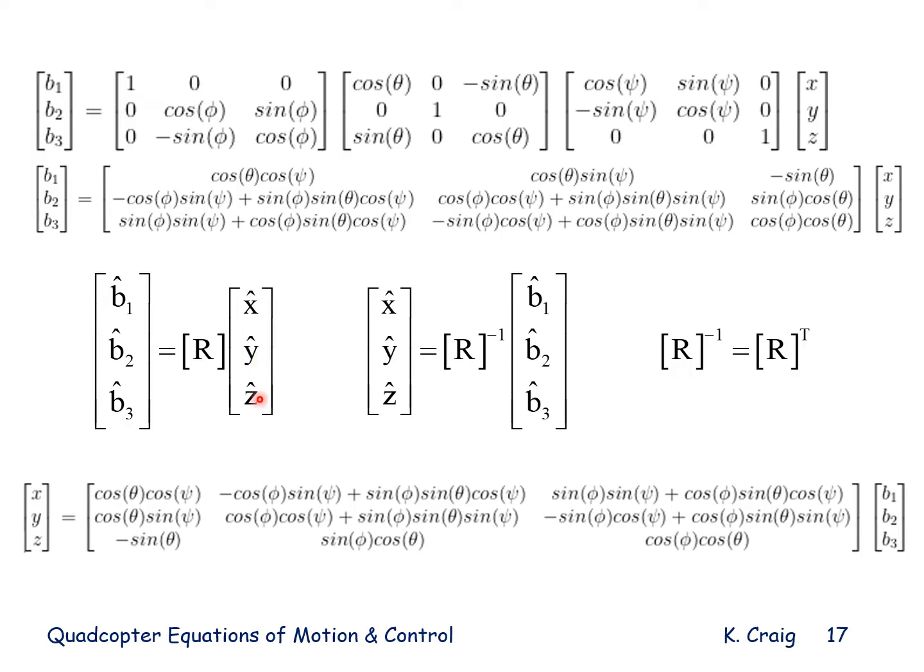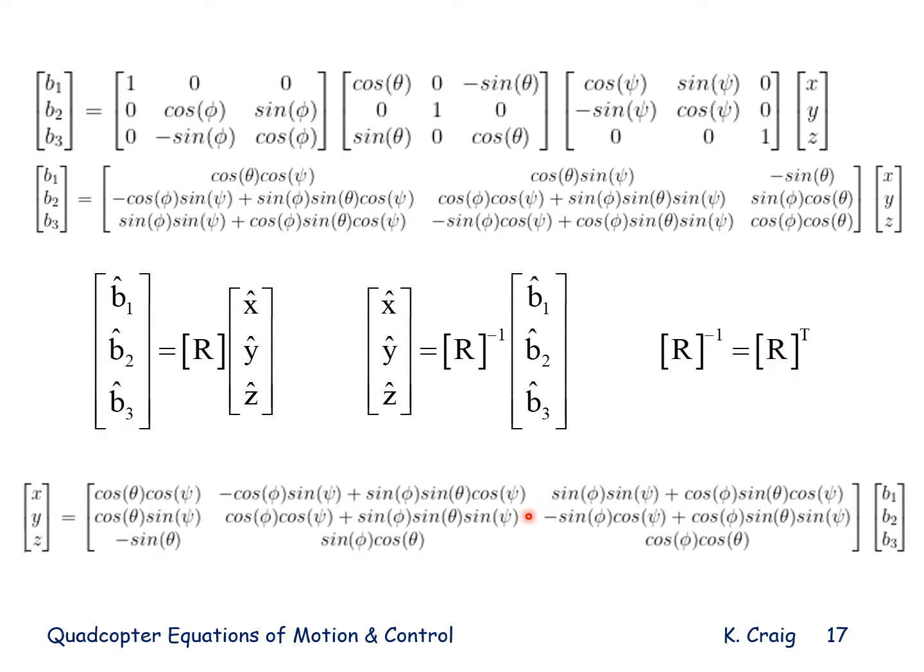If I want to express the unit vectors in the grounded reference frame in terms of the unit vectors fixed in the body fixed reference frame, I need the inverse of the rotation matrix. A property of rotation matrices is that the inverse of a rotation matrix is equal to its transpose. And the transpose is obtained by simply interchanging rows and columns.